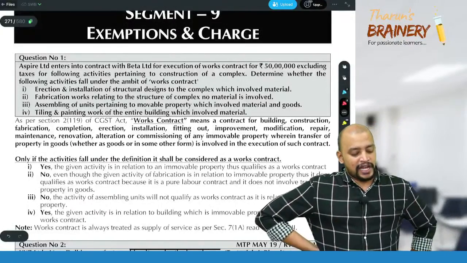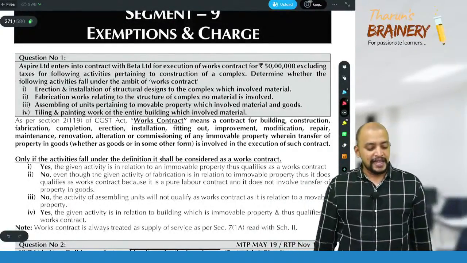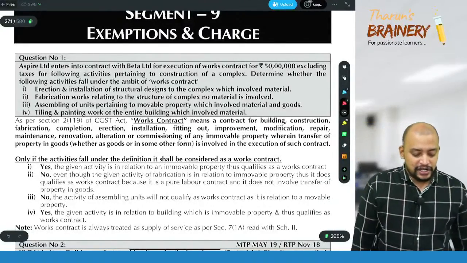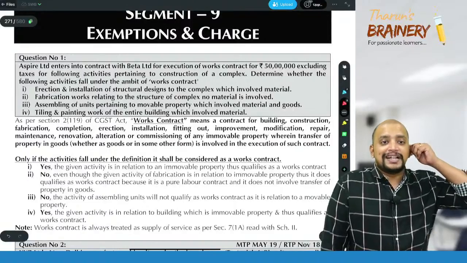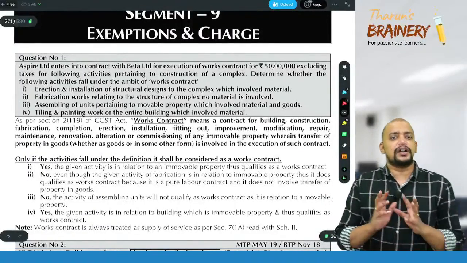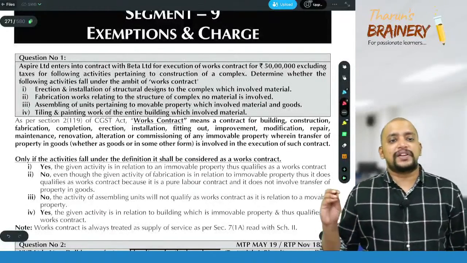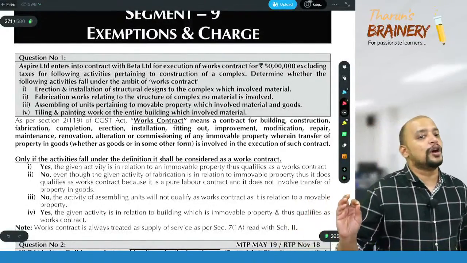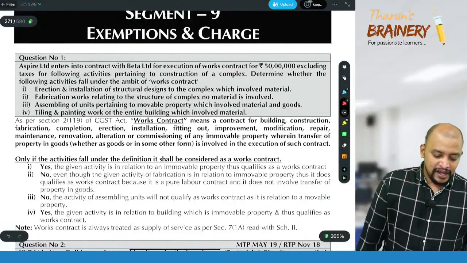Determine whether the following activities fall under the ambit of works contract. Erection and installation of structural design of the complex which involved material. Yes, what is a works contract? A contract involving supply of goods as well as services in relation to immovable property. So yes, it will be coming under works contract.